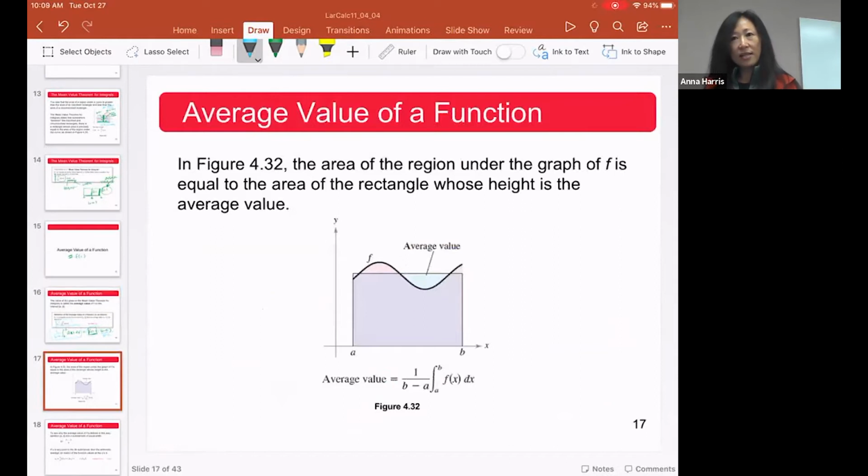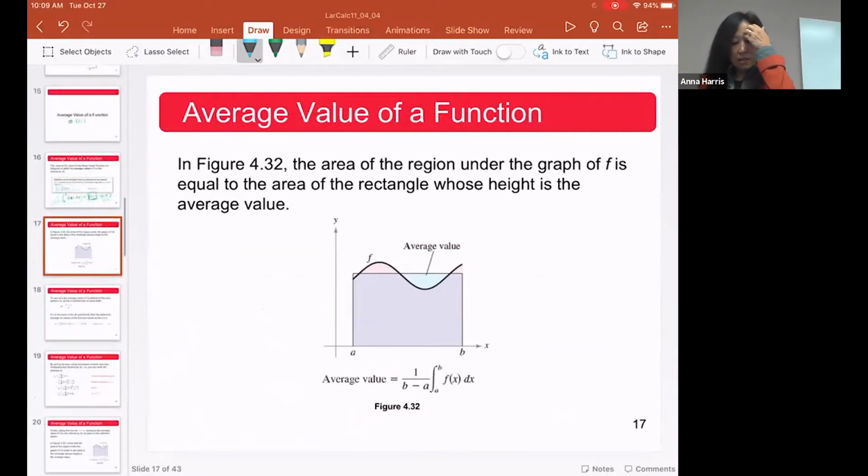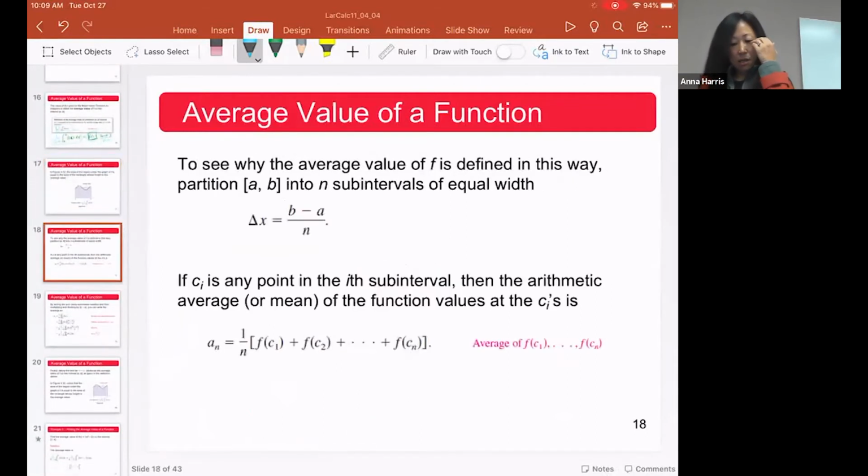So again, when you have a curve, you can find the area under the curve by finding the average value of the function times the base b minus a. All right, so we don't have to worry about that part.